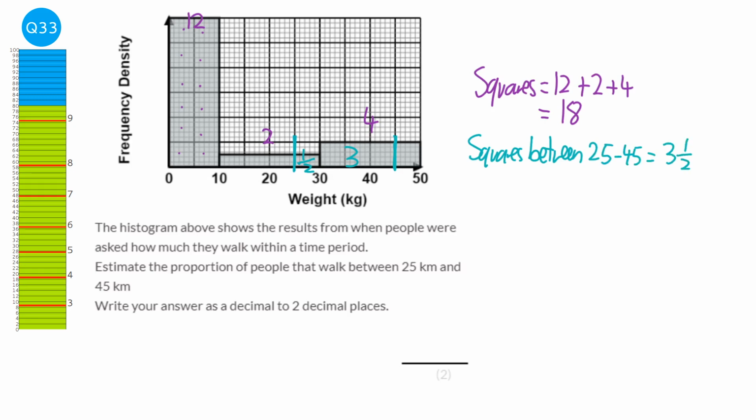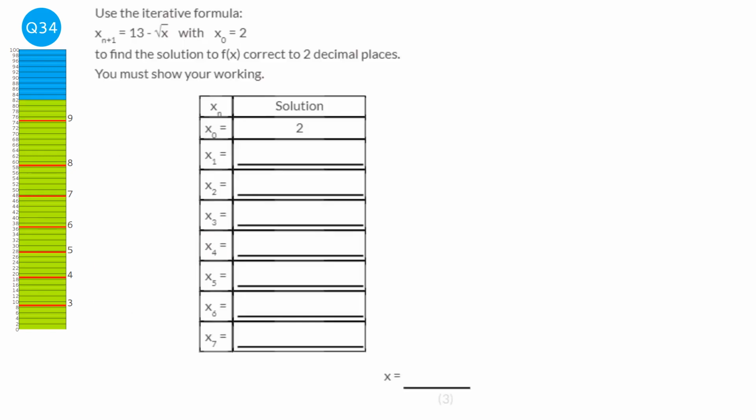So we've got 3.5 in total, out of a possible 18. So we just need to do 3.5 divided by 18 to work out the proportion, and that gives us 0.194 and so on. It wants 2 decimal places, so that would be 0.19.